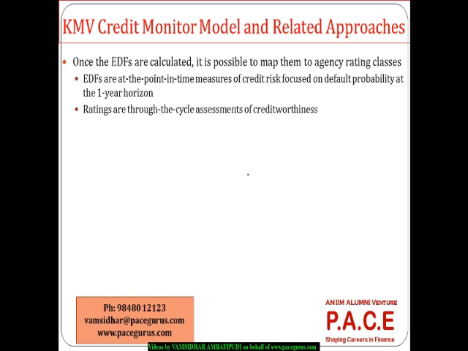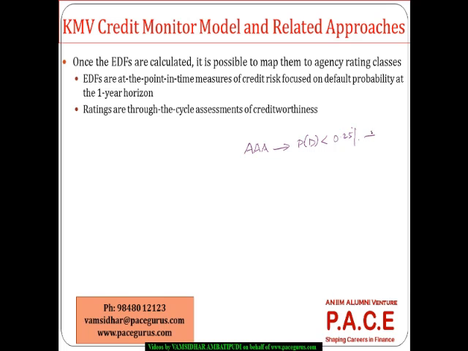Right? So once they are able to calculate the EDFs, there is even a possibility that they can map it to the rating agency classes also. So okay, let's say the rating agencies have given AAA kind of rating to a set of companies whose probability of default is, let's say, less than 0.25%.